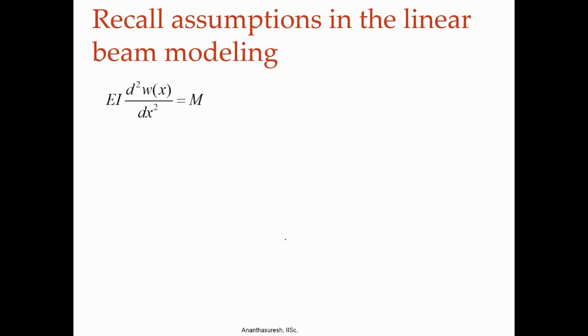So, let us recall the assumptions made in the linear beam theory, where we are all familiar that we will have Young's modulus E, second moment of area I, and then there is this W double prime, that is the second derivative of the transverse displacement W(x) with respect to x, and this is our bending moment.